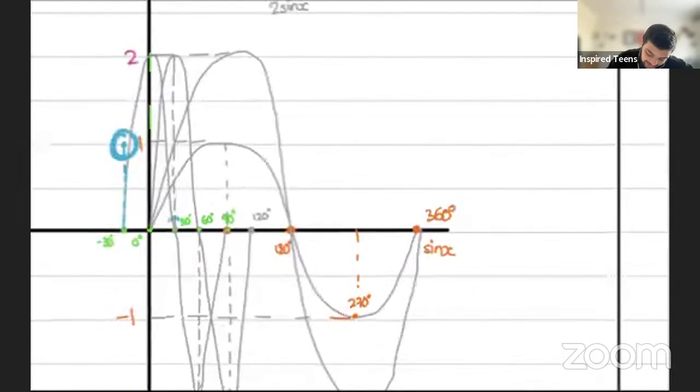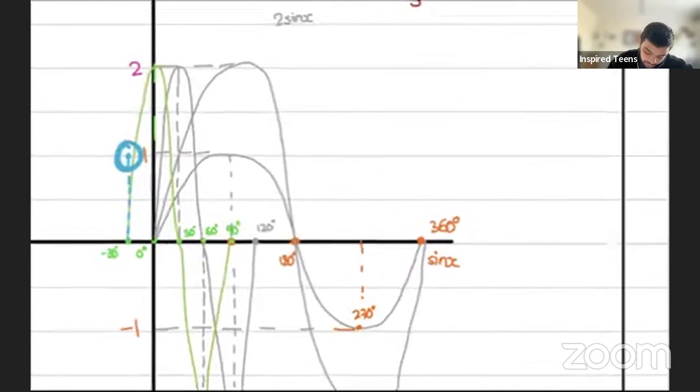Then we had 30 and 0, because that was an x-intercept. Let me get this back to green so we can see which graph we were working with. Okay, we're working with that graph. Okay, so this 30 and 0 is now going to have to shift 1 unit up, and it's going to be 30 and 1.